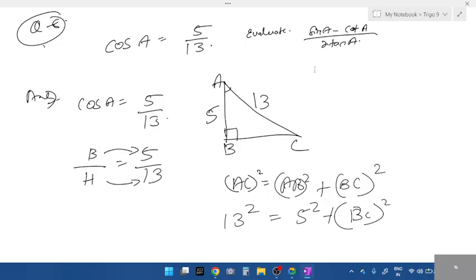What's the perpendicular, students? What did you get? Perpendicular value? 12. Correct. Yes, correct.